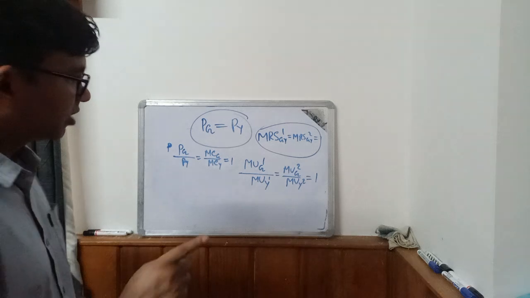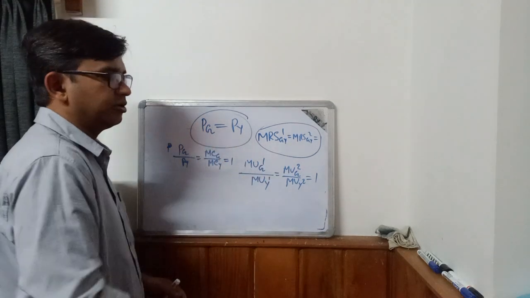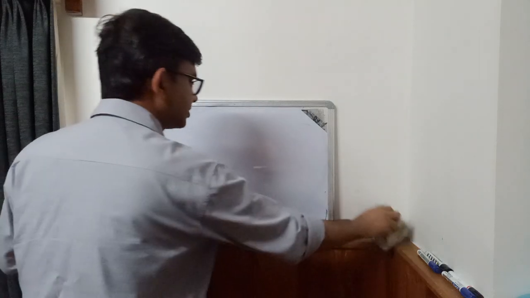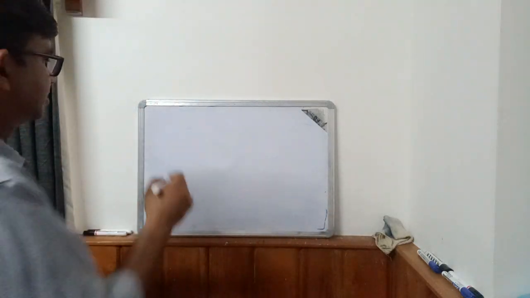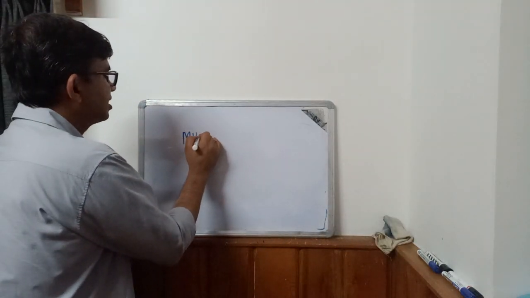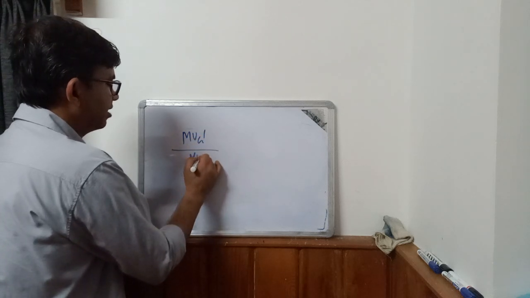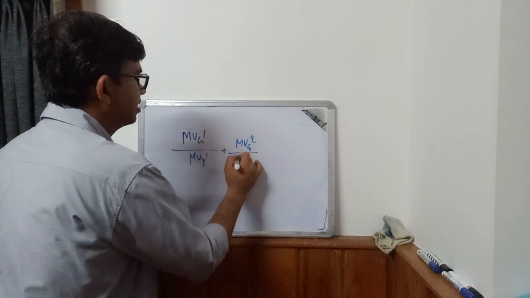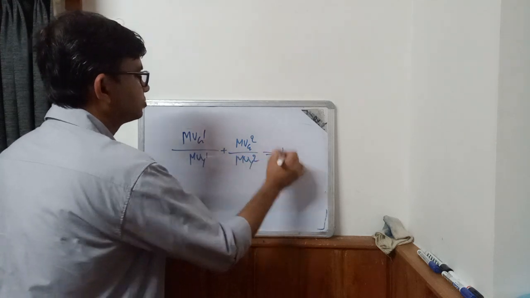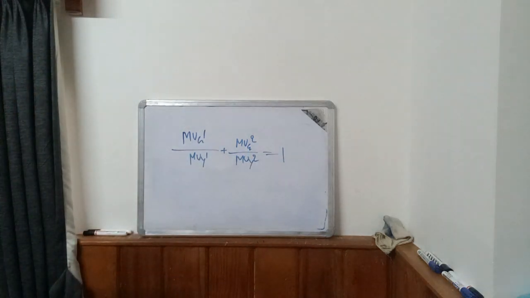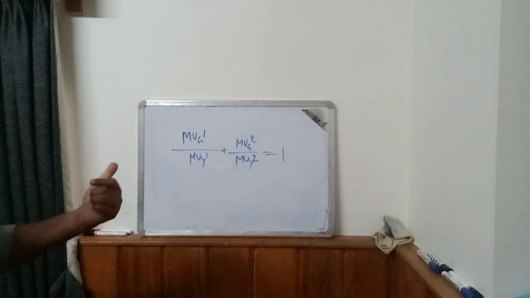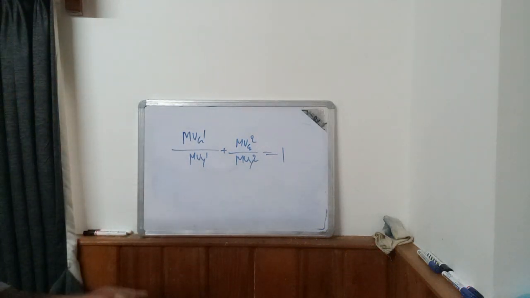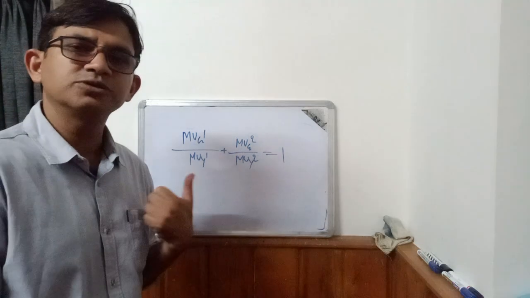But what do we find? That G is the public good. So as G is the public good, we'll simply find here that MUG1 by MUY1 plus MUG2 by MUY2 equals 1. And as the utility functions are identical, the marginal utility of G and Y functions will also be identical.